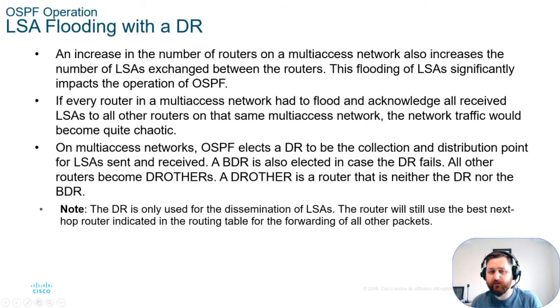Now, the one thing to note too in the election process is that if the designated router goes down, the backup designated router immediately takes the place of the designated router, and then the other routers, the DROthers, will hold a new election process to determine who becomes the new backup designated router.